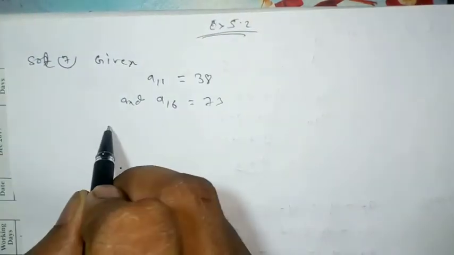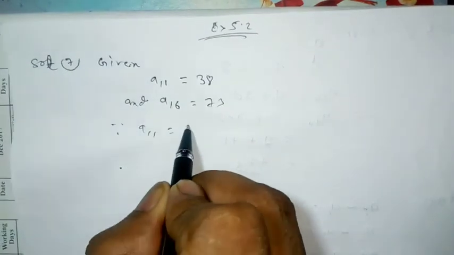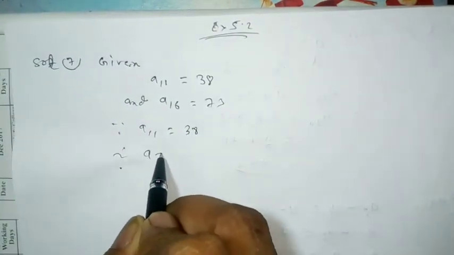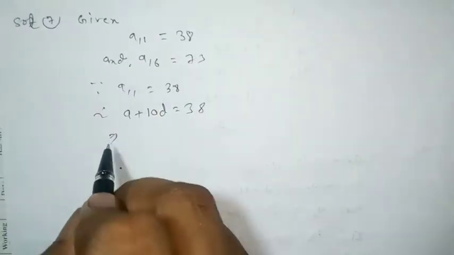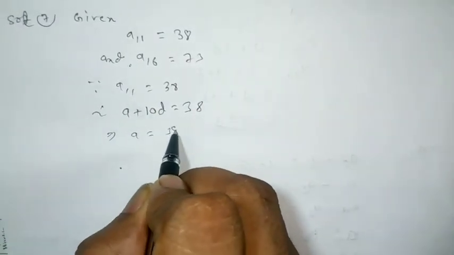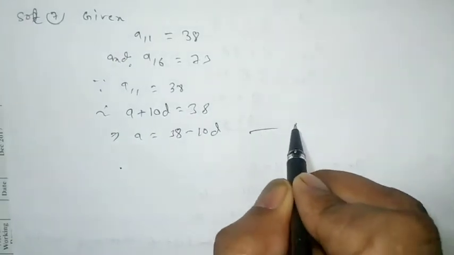Now because A11 is equal to 38, therefore A plus 10D is equal to 38, implies A is equal to 38 minus 10D, equation 1.